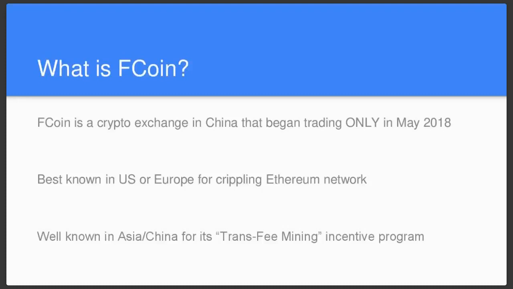It's known for clogging the Ethereum network when they ran a marketing campaign to decide which token would be selected to be listed on the exchange. But for people in Asia, especially in China, everybody knows about FCoin. It's a crypto exchange that only began trading in May this year. The reason they are known is that they invented the transfer mining incentive program.